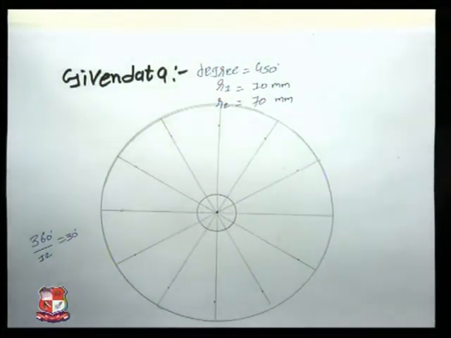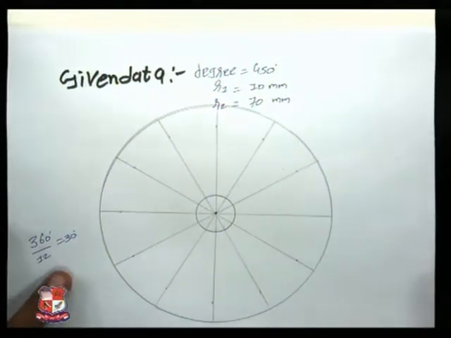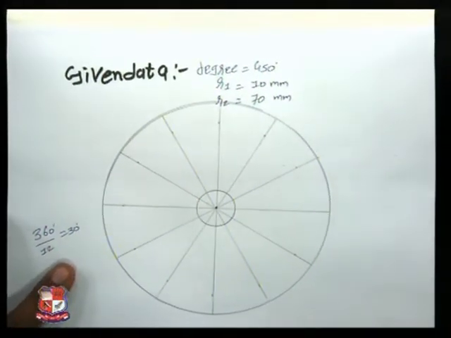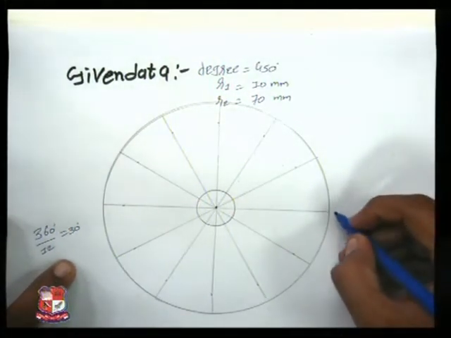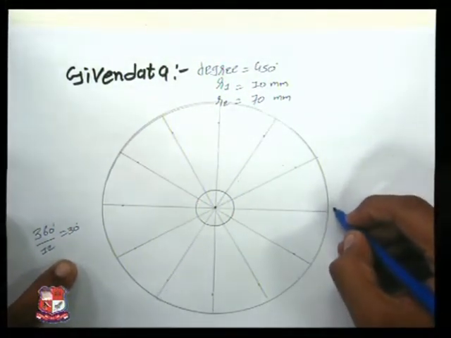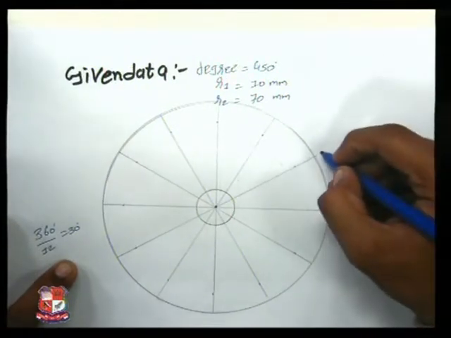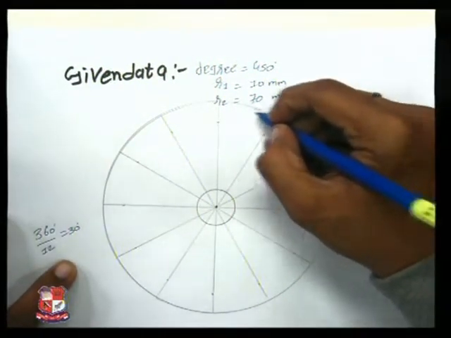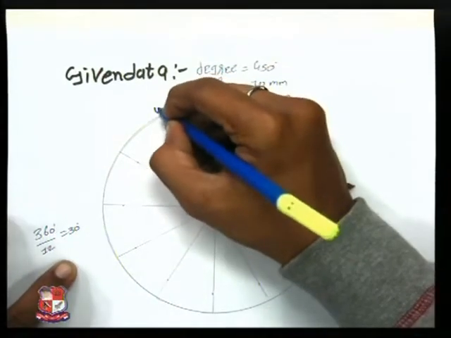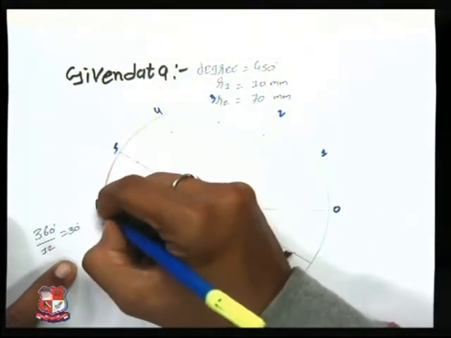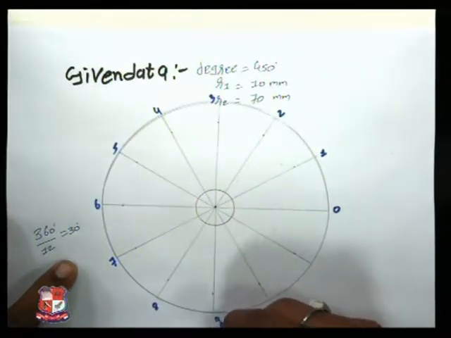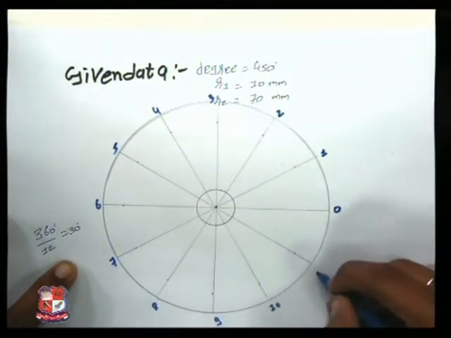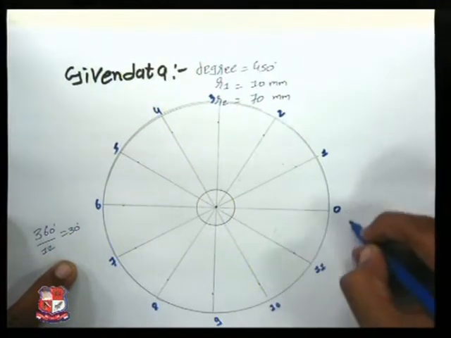Now, from the starting itself, it is better to give the nomenclature, so we will give names to the points 0, 1, 2, 3, 4, 5, 6, 7, 8, 9, 10, 11.